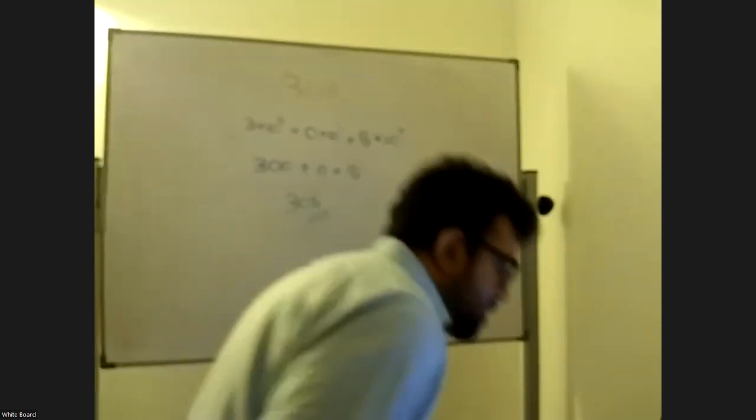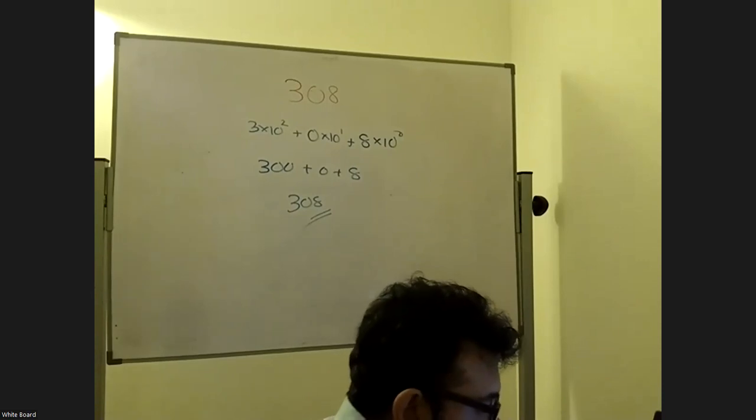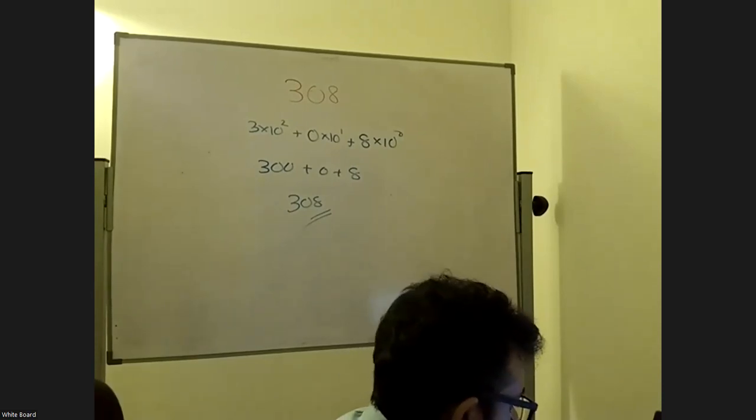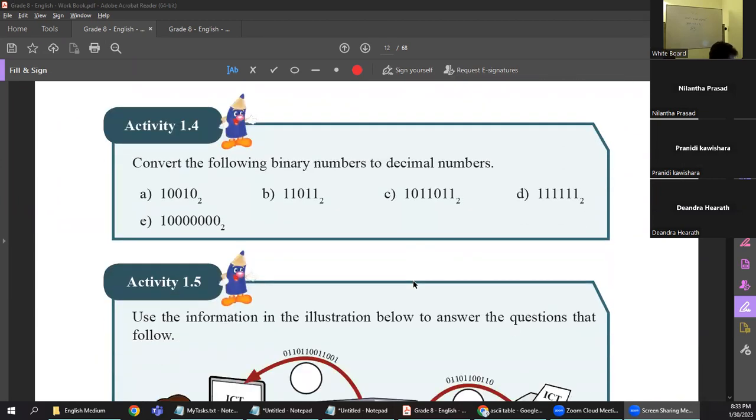Okay, so you can see more exercises here. So let's observe more exercises over here. You can see activity 1.3. I have sent you this PDF. If you can't take it from the chat, let me know and I will put it in the chat again. Convert the following decimal numbers to binary, and also convert this to decimal.